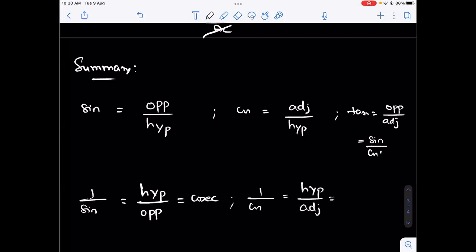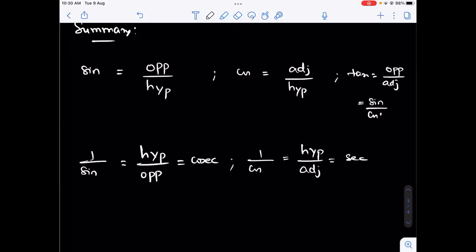This is called secant. 1 by tan is called cot, which is adjacent by opposite. So this is how it works.